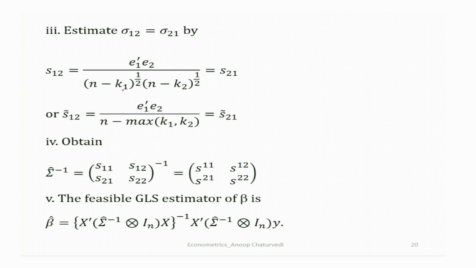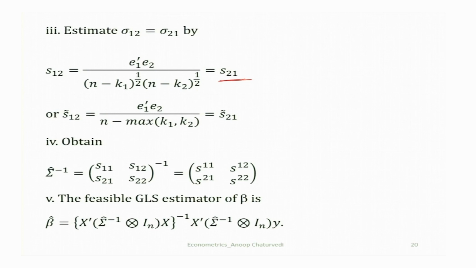In first equation you have k 1 variables, in second equation we have k 2 variables. So, we divide e 1 transpose e 2 by the geometric mean of n minus k 1 and n minus k 2. So, (n minus k 1) to the power half, (n minus k 2) to the power half, and this is equal to s 2 1 also.